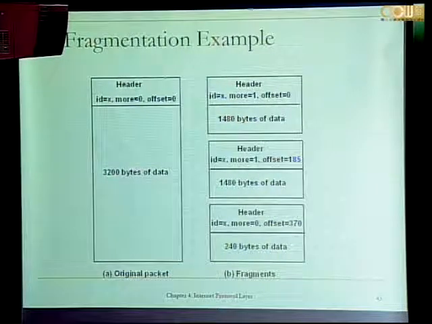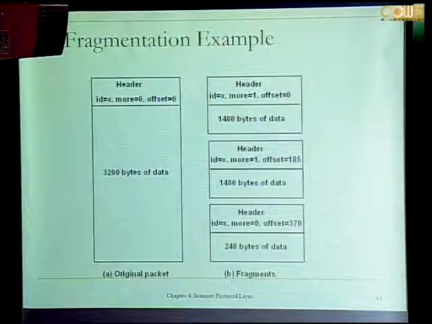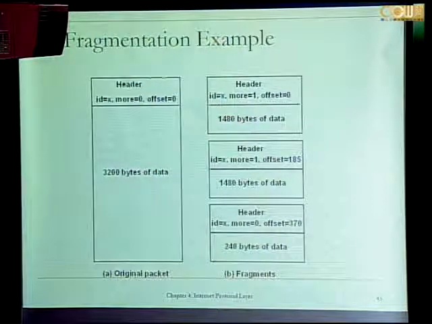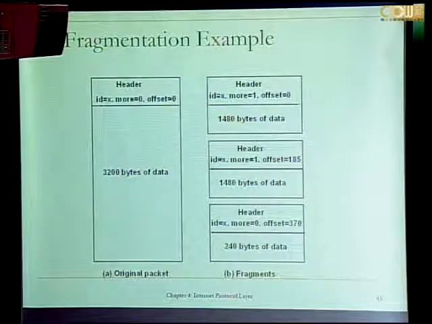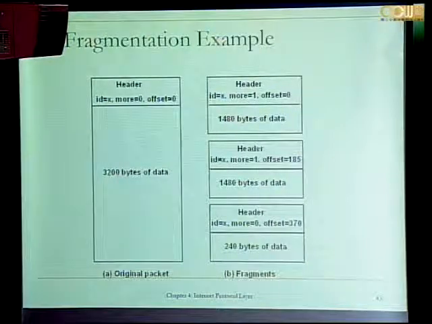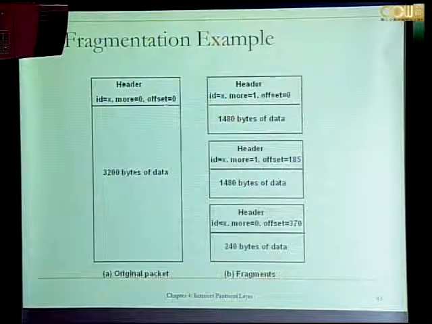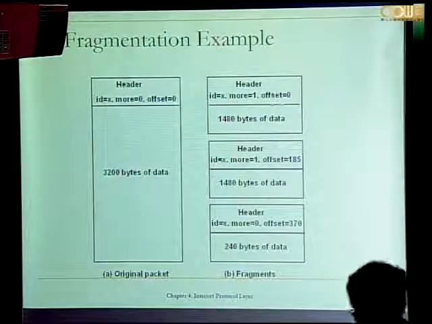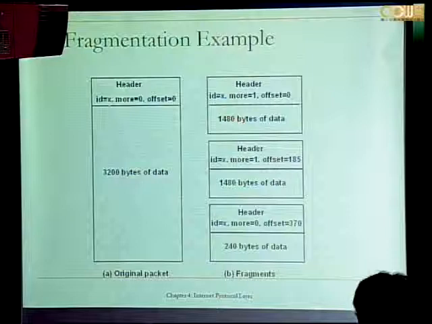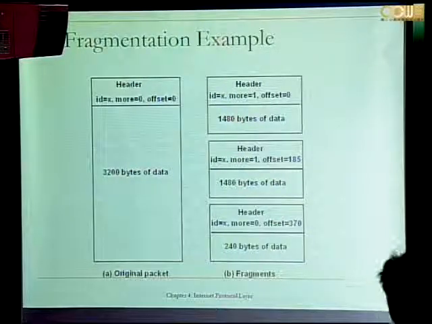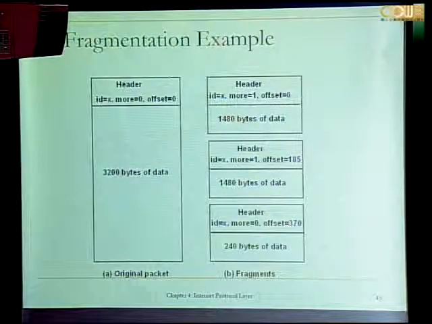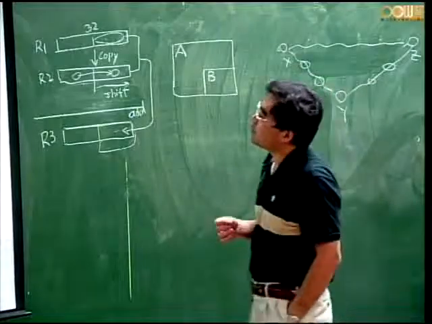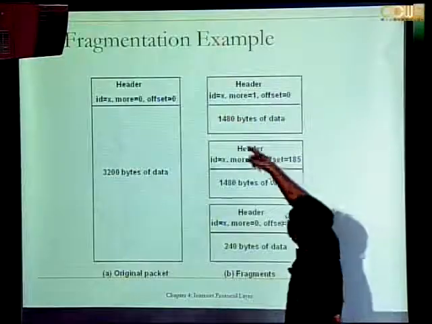So the largest number which is a multiple of 8 but smaller than 1,500 is 1480.